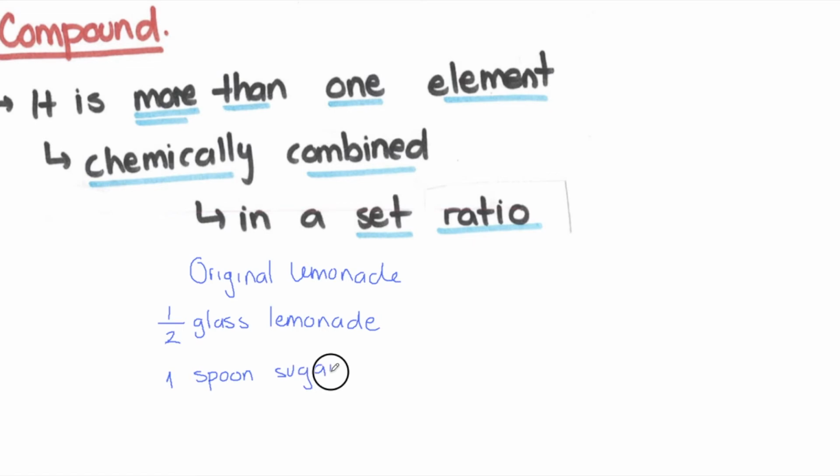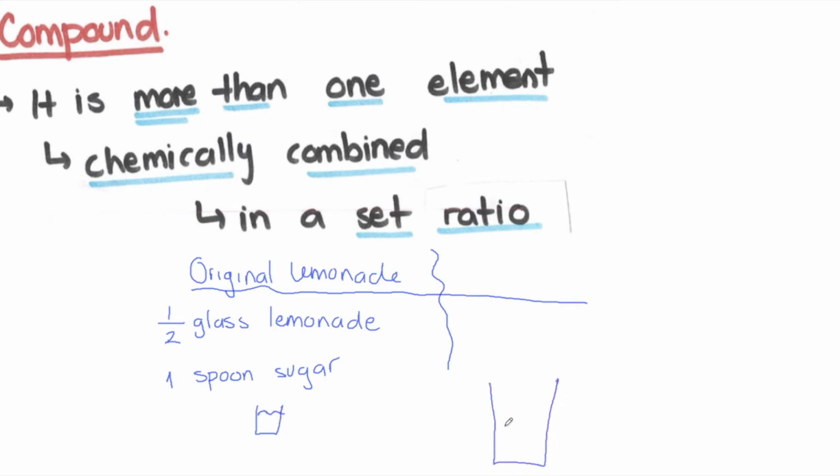Agree? So if I'm going to convert this into a whole liter, I have my original lemonade for only one little glass. And now I have 1 liter of lemonade, and I know that in this big glass I have 4 little glasses. So that big liter is equal to 4 glasses.